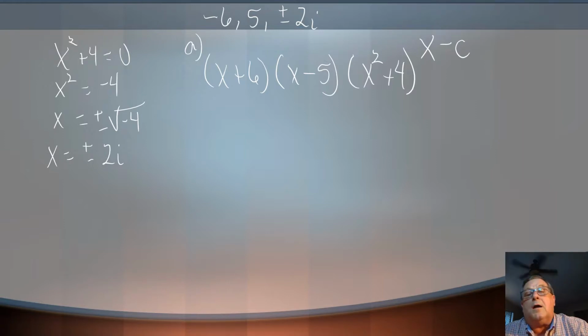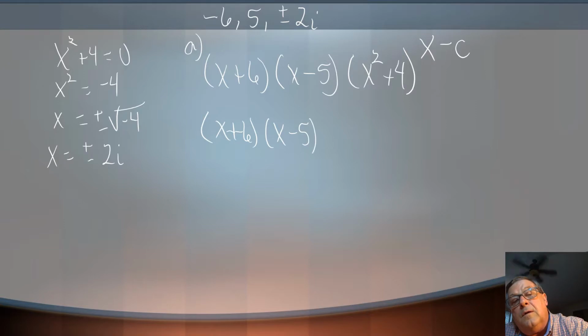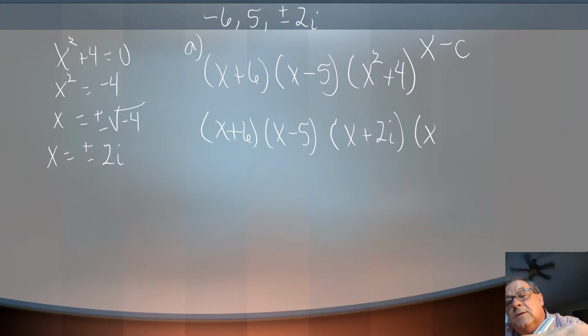And then for the product of the linear factors, again, I've got x plus 6, x minus 5, and then we've got x plus 2i, and then x minus 2i. Shazam.